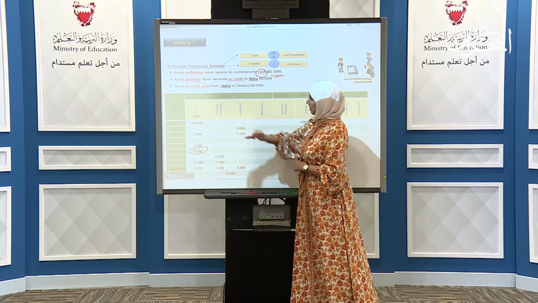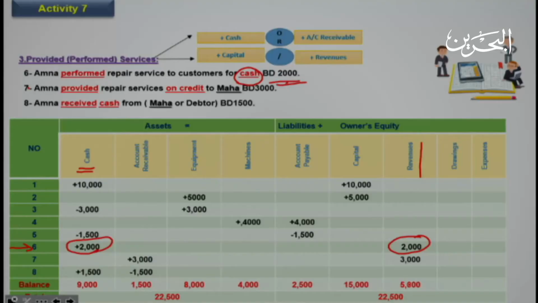Moving to the second transaction, Amna provided repair service on credit to Maha for 3,000. If I provide a service directly, I will gain a revenue. So, coming to the owner's equity section, under revenue, I gain a profit of 3,000.